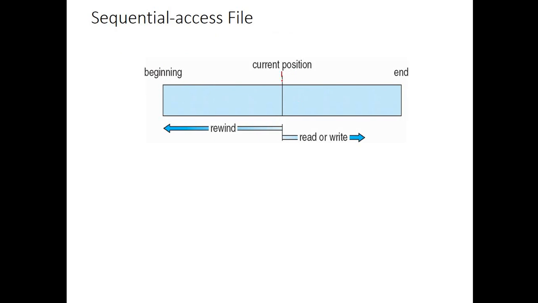Suppose the current file pointer position is here, you can go only in the forward direction. If you want to access the contents in reverse, it is not possible. The only thing you can do is rewind and go to the beginning position of the file, and again start accessing the contents from the beginning to end.